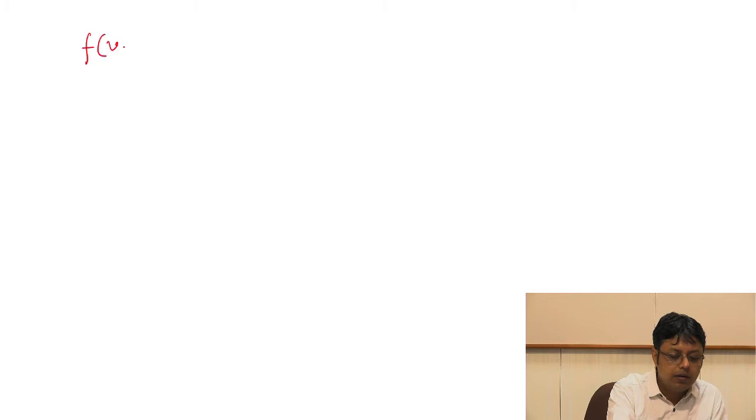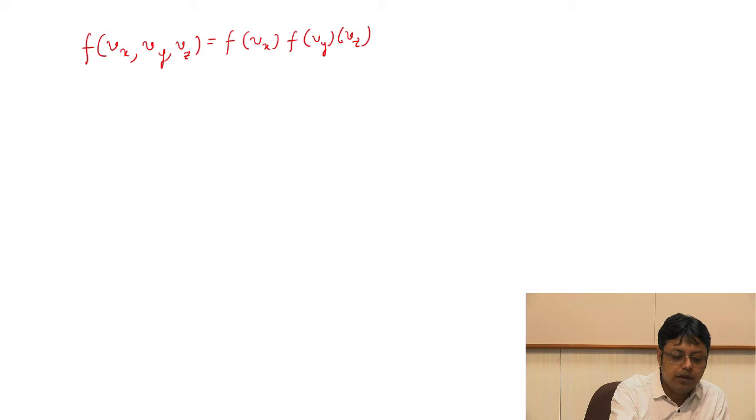So let us first discuss the reasoning that will have this situation or this condition that the joint probability will be a product of individual probabilities, and also the first condition that f of vx is an even function of vx, and we asserted that it will be something like vx square.